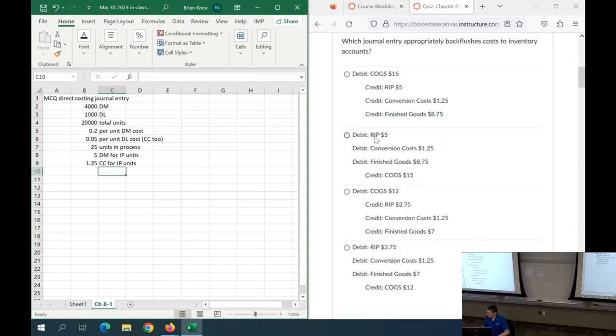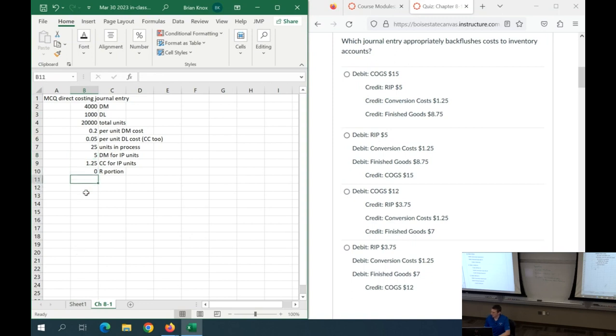This one right here has RIP being debited $5, and this one has conversion cost being debited $1.25. Remember, we have no R portion for the RIP entry. No, just IP. So $5. That should be really it.